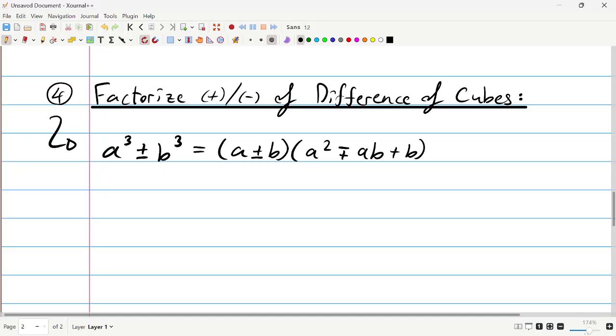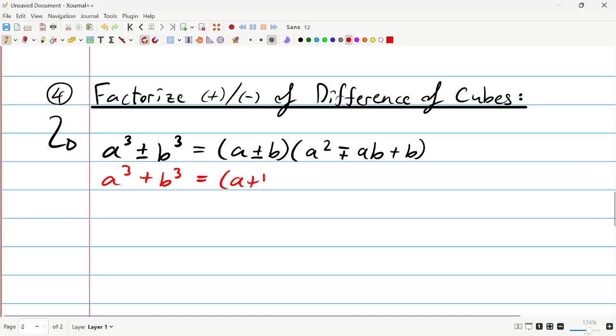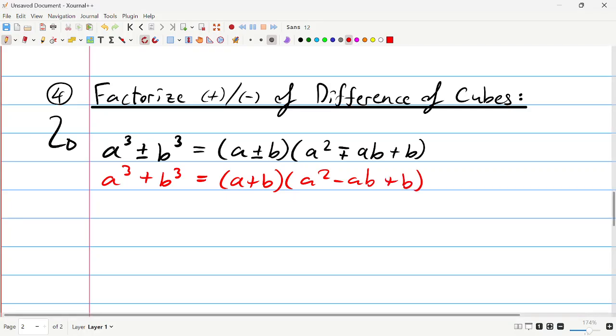Okay, so I'm going to break it down into the 2 steps now. So if it was the case where it was a cubed plus b cubed, then that would be a plus b multiplied by a square minus ab plus b. You can even try and multiply them in together and then you should get something like this.